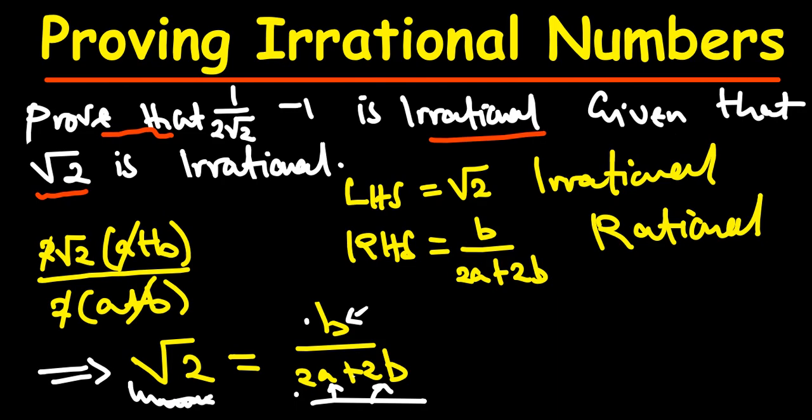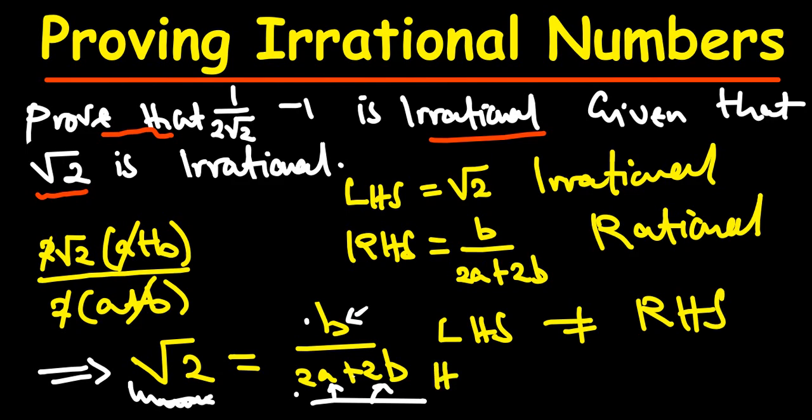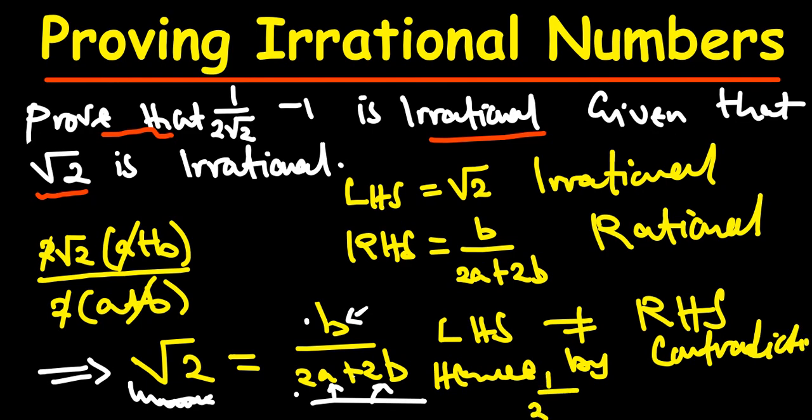So we have that the left hand side is not equal to the right hand side. So this here is a contradiction. So we are going to say, hence by contradiction, 1 over 2 root of 2 minus 1 is irrational. Okay, so that's how we solve this question.